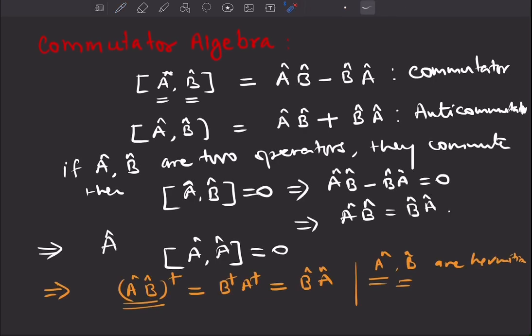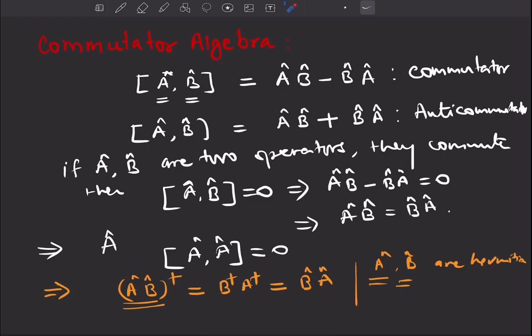It is important to note that if two operators are Hermitian and their product is also Hermitian, then these operators commute. That is, (AB) dagger is equal to B dagger A dagger, which is equal to BA.